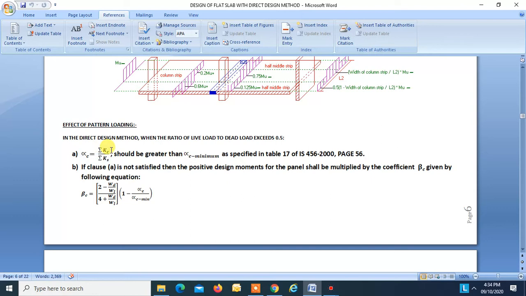Sigma Kc is the sum of flexure stiffness of the columns at the top and bottom of the flat slab, and sigma Ks is the sum of the flexure stiffness of the slabs falling on the joint. Alpha C should be greater than alpha C minimum, as specified in Table 17 of IS 456-2000, page 56.